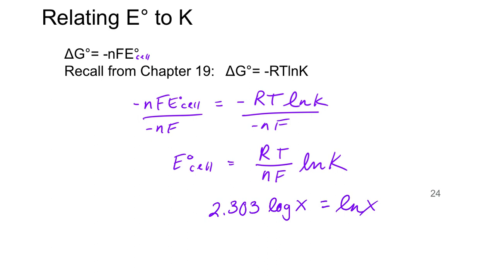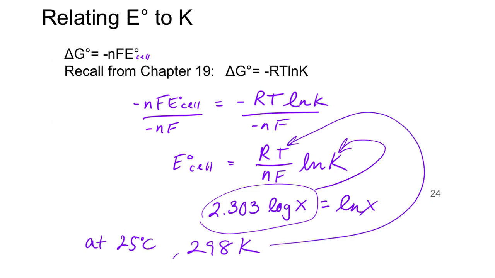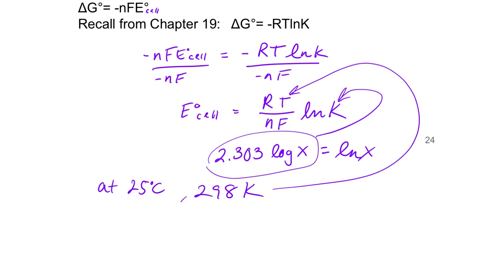So I'm going to end up plugging this in for natural log of K. It'll be 2.303 log of K. But the other thing I want to note is that normally we're working at 25 degrees Celsius, correct? Or 298 K. We can assume, for the sake of simplicity, that our cells are going to be operating under those conditions. Plug that in for T, and then we're going to end up with a nice constant.